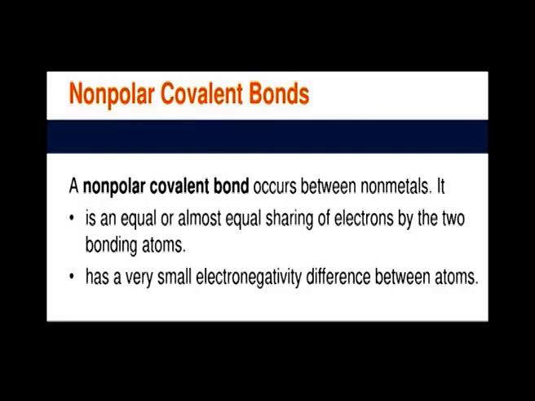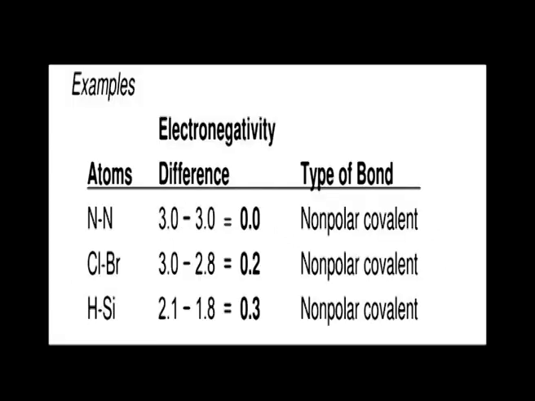Metallic bonds are non-polar because there is no difference in the electronegativity of the atoms participating in the bonding interaction, and the electrons involved in the interaction are delocalized throughout the crystalline structure of the metal.